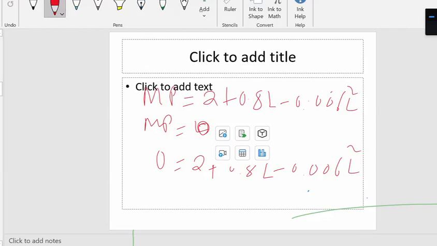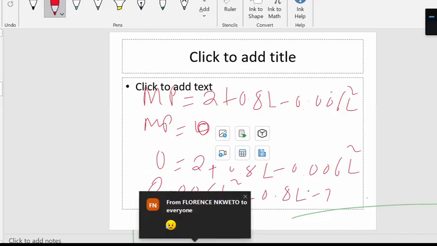Labda tuanze na 0.006 L square, then minus, nataka niziweke on the right hand side, na 0.8 L, okay? Minus 2 is equal to 0. Sasa just divide by 0.006, both.